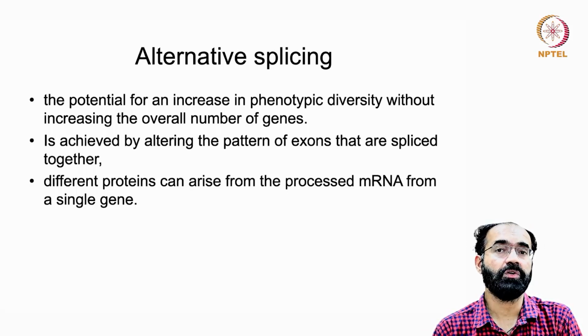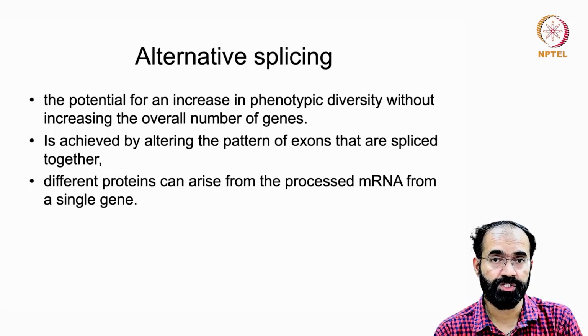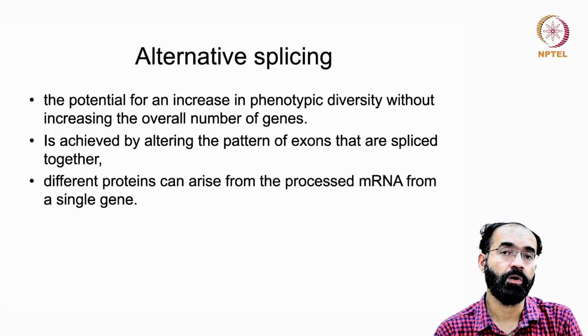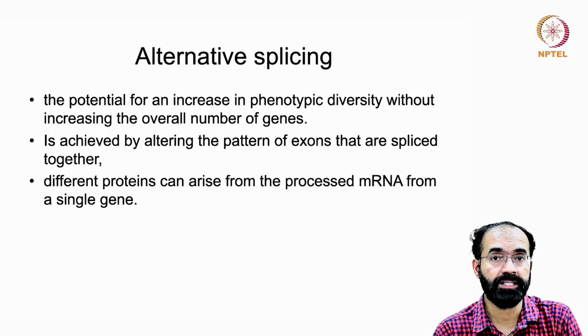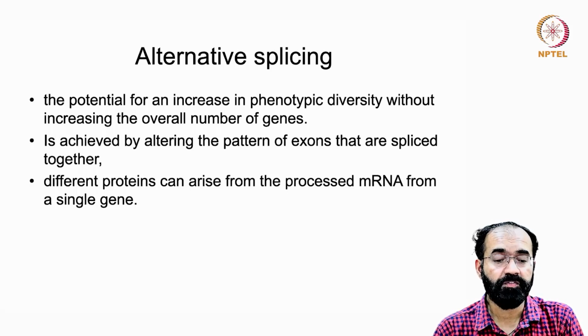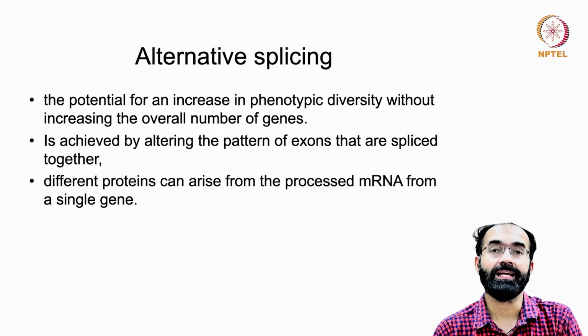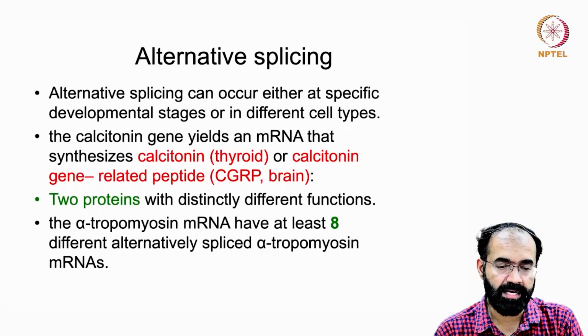Which exons should be spliced together depends on which tissue or which organism you are referring to and which gene you are referring to. Different proteins can arise from the processed mRNA from a single gene, because each RNA has a different coding sequence and each of them can perform different tasks.